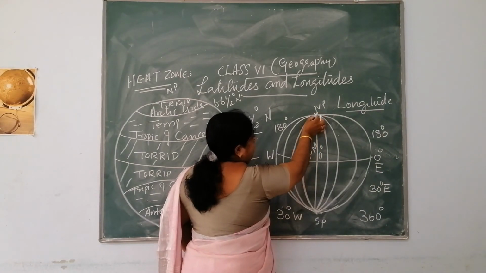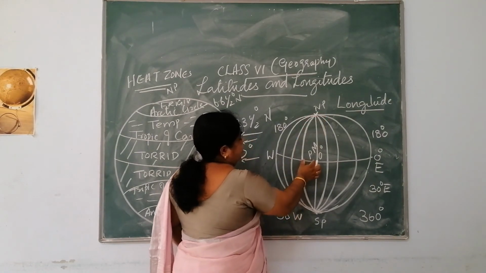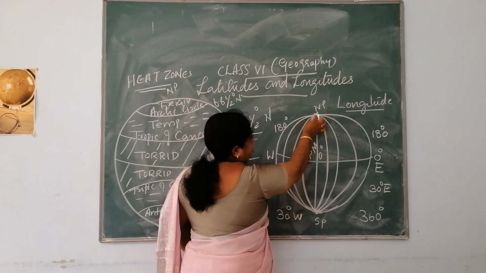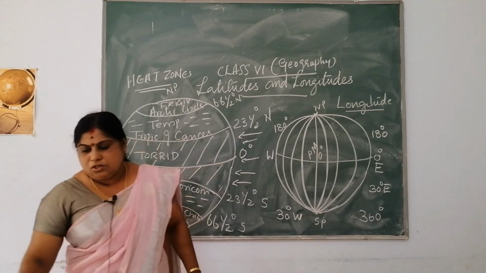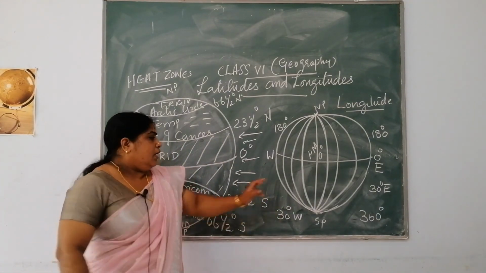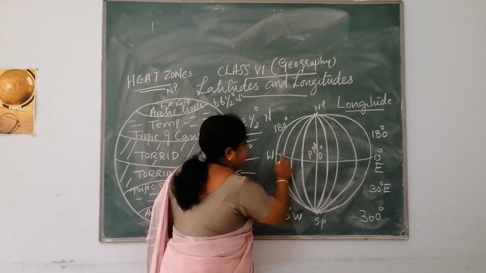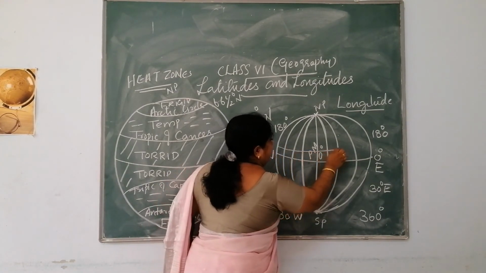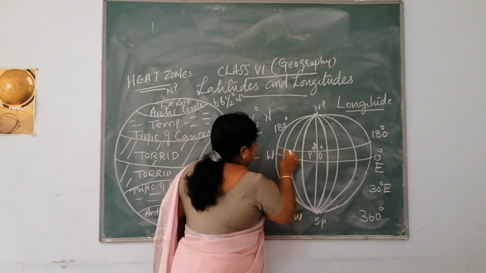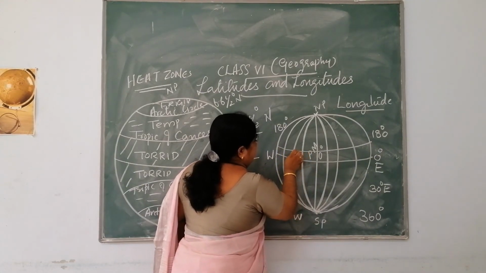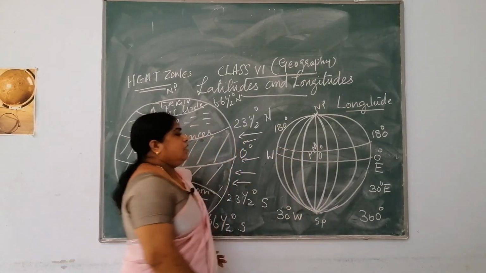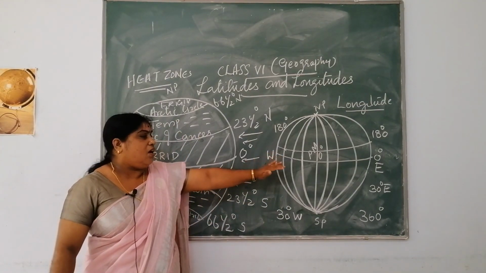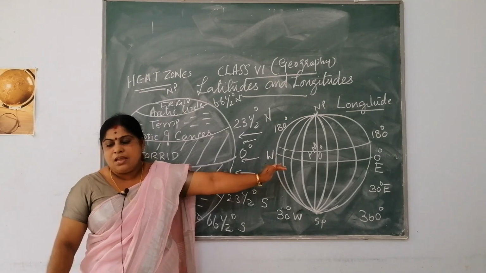It becomes closer and closer towards the poles, and it goes on decreasing. Latitudes and longitudes meet each other and form a grid. This grid is very helpful in finding the exact location of a place.